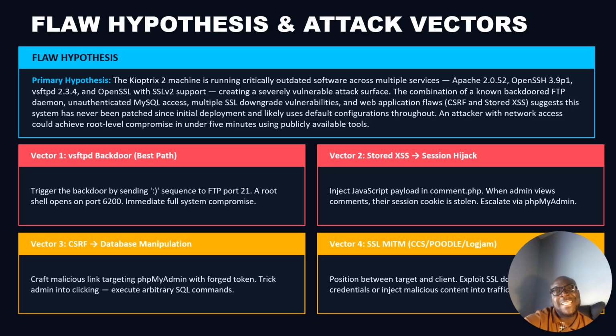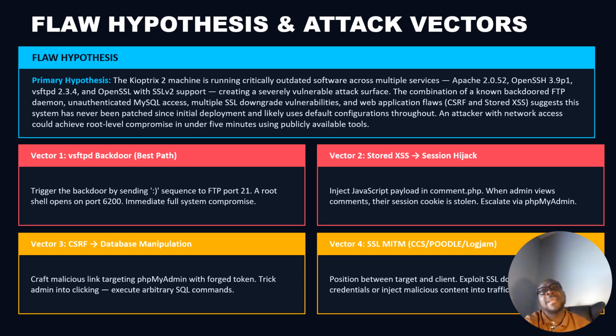My hypothesis is that the system has been deployed with default configurations and never been patched, because every service running, from Apache to OpenSSH to OpenSSL, and vsftpd, is at a version consistent with a CentOS installation from approximately 2004 to 2006, and all have known critical vulnerabilities that have been public knowledge for years.